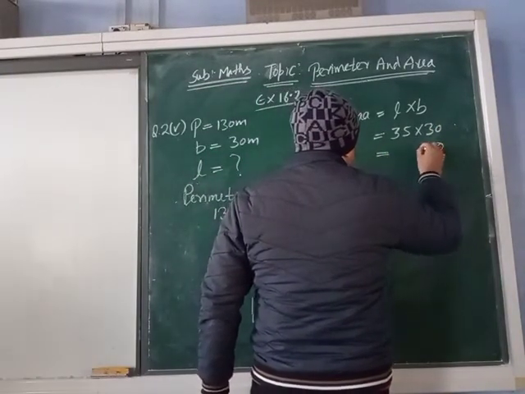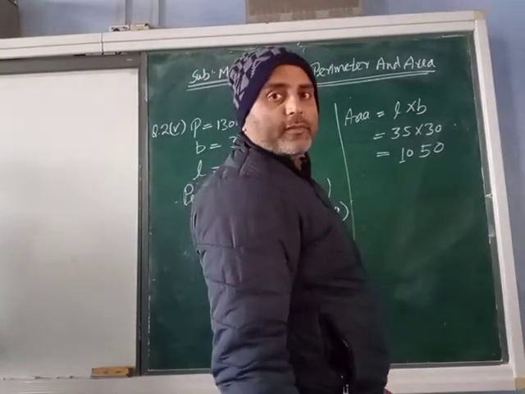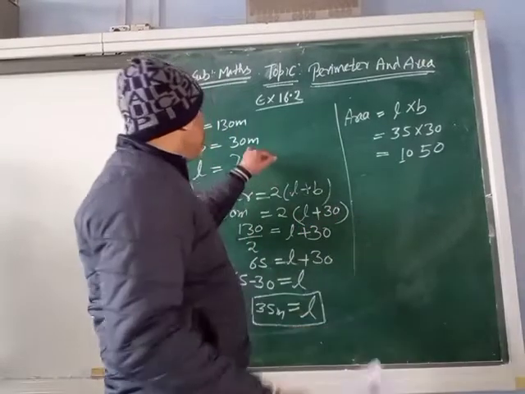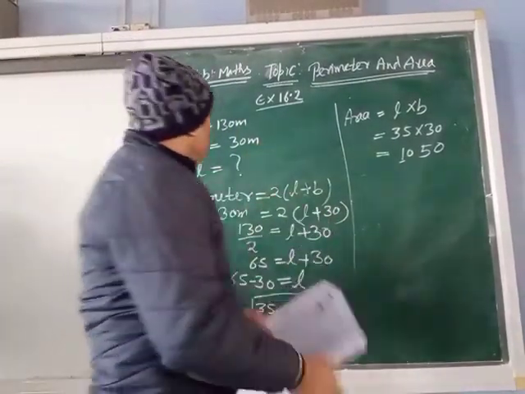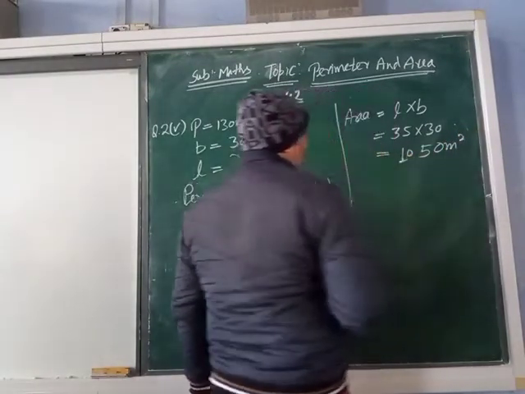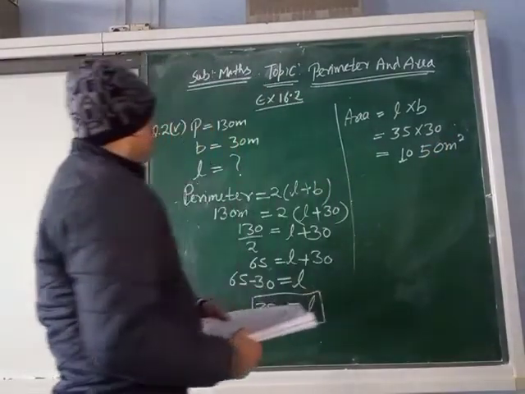The unit of area should be meter square or centimeter square, but here it is given in meter, so that is 1050 meter square. Clear? Now solve this question.